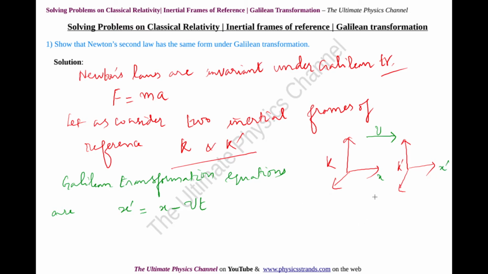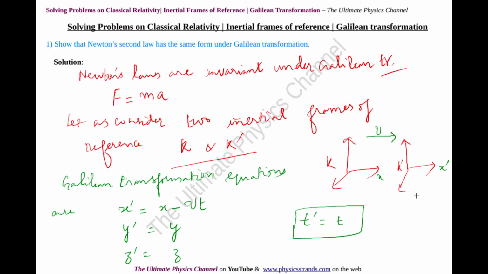So the two frames are relatively moving along the positive x direction. So we have x prime is equal to x minus vt, y prime is equal to y only, z prime is equal to z. Of course, according to the Galilean transformation equations, the time is anyway invariant across all inertial frames of reference.